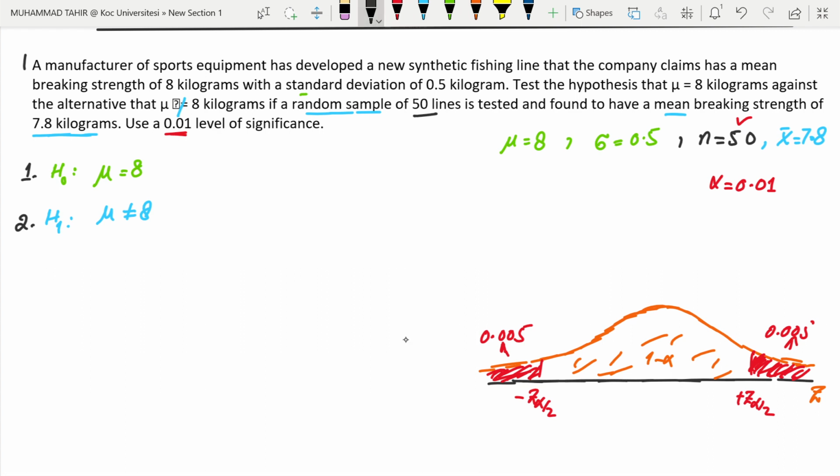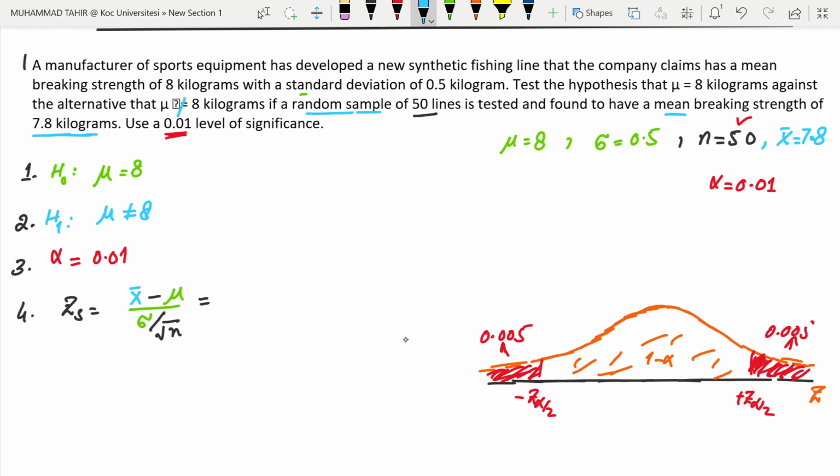So the third step is, after making the figure, we write level of significance alpha, which is 0.01. Fourth step is calculate the sample z, which is nothing else than values we taken from sample x bar minus mu divided by sigma by square root of n.